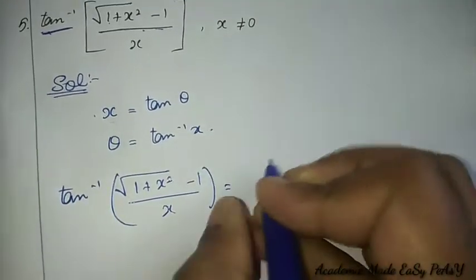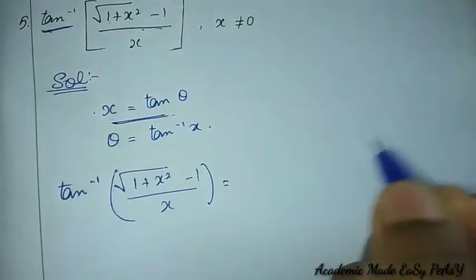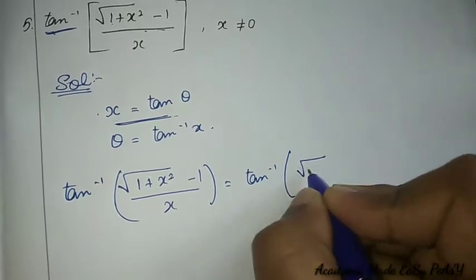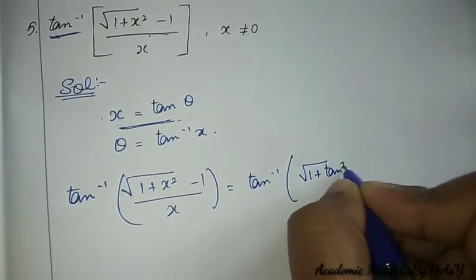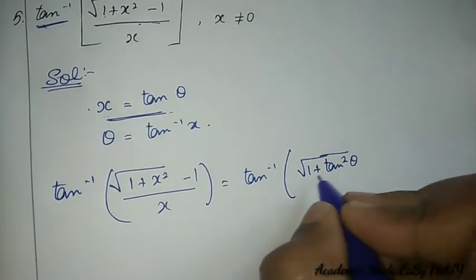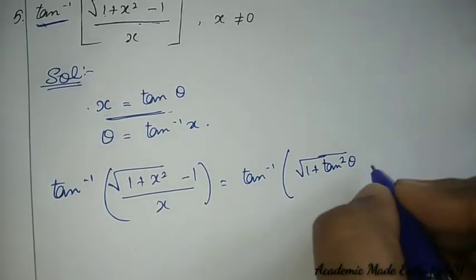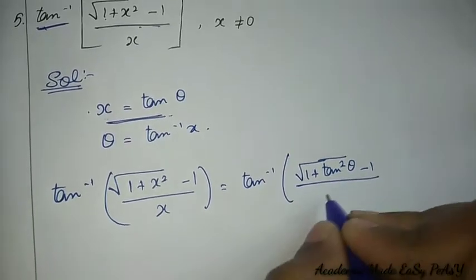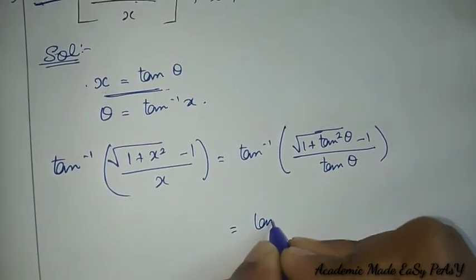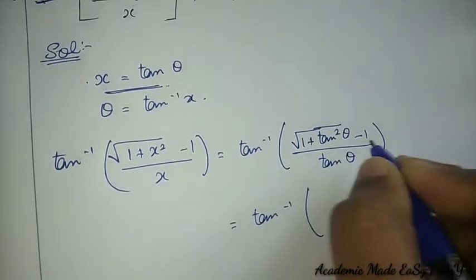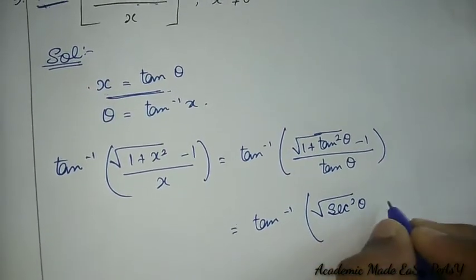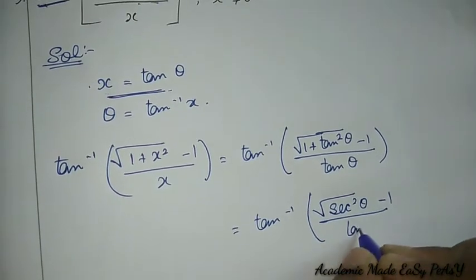Applying this, I will have tan inverse of root of 1 plus tan square theta minus 1 divided by tan theta, since my value of x is tan theta. What is 1 plus tan square theta? Root of secant square theta minus 1 by tan theta.